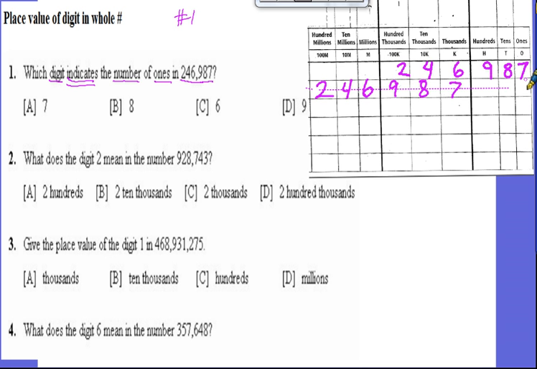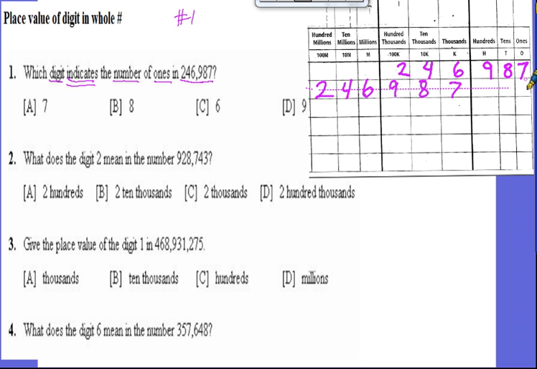No, because you have to find the digit that indicates the ones. Find the digit that indicates the ones.